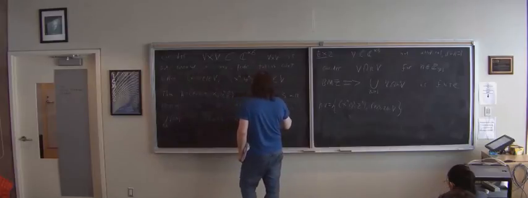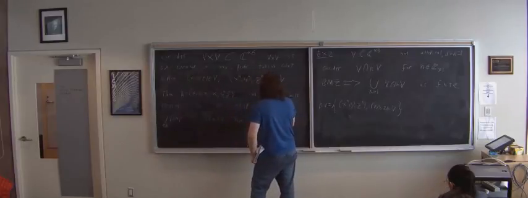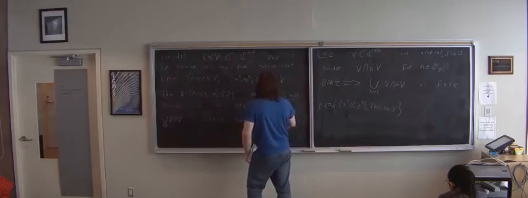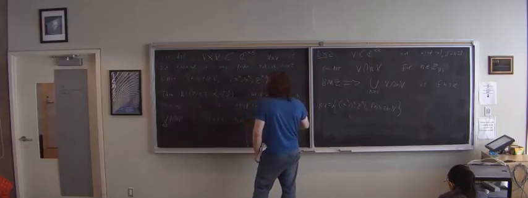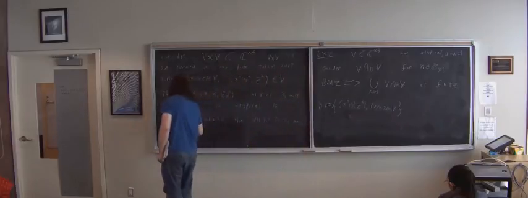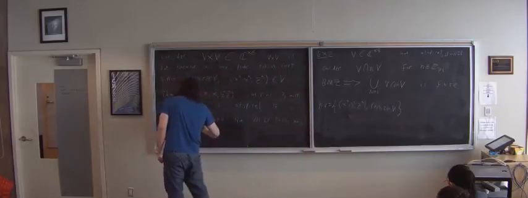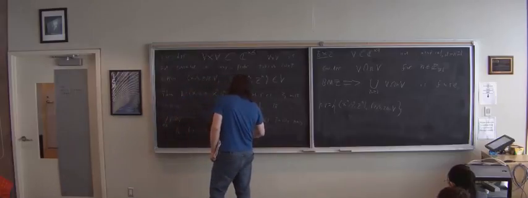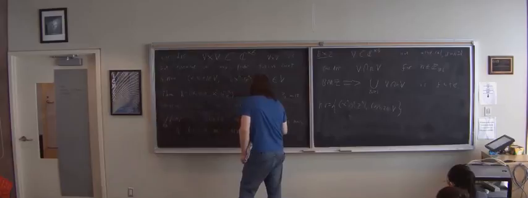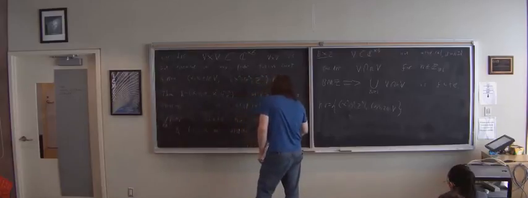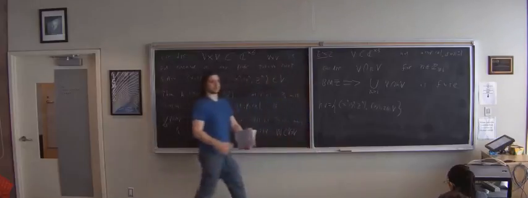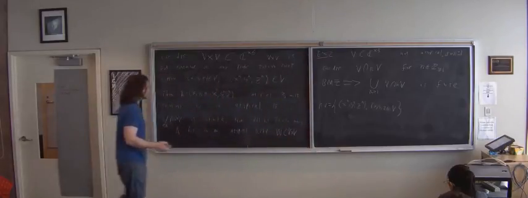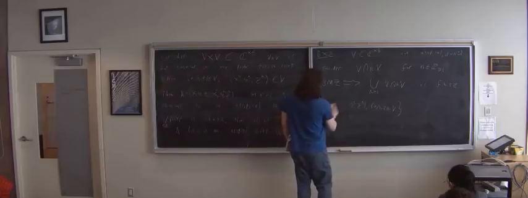Then all but finitely many P sub n lie in an atypical curve W inside V cross V. Okay?